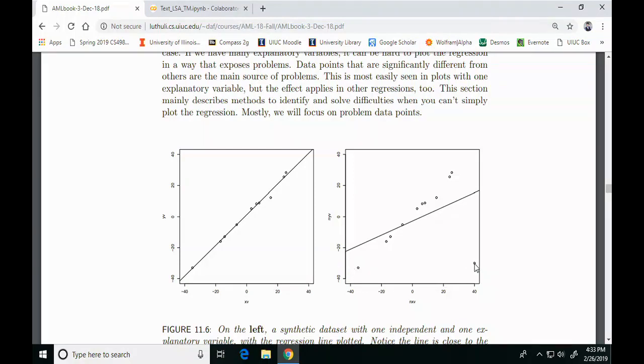This is a data point that we added just to see the effect of having one bad data point. You can see that this would have been the original line, but adding one bad data point really skews what that prediction is. So now this is a very poor prediction, the second one, for basically all of the data points.